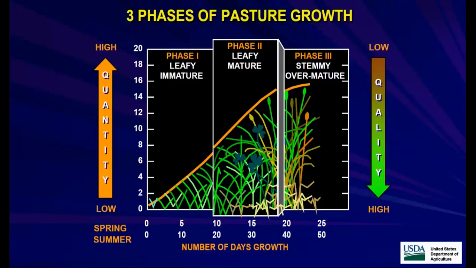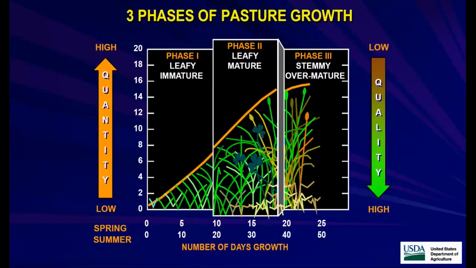In the summer, if you again look at the bottom of this slide, it takes longer to go from 0 to phase 3 of the stemmy and over mature stuff. It can take up to 50 days to get that kind of growth, simply because the grass grows slower when it's hotter and drier.